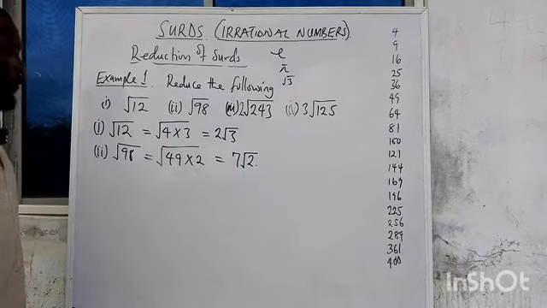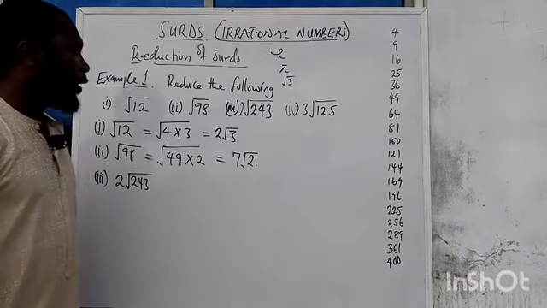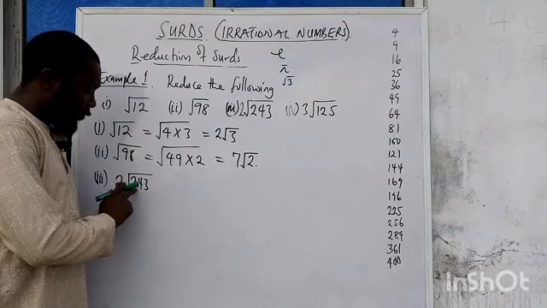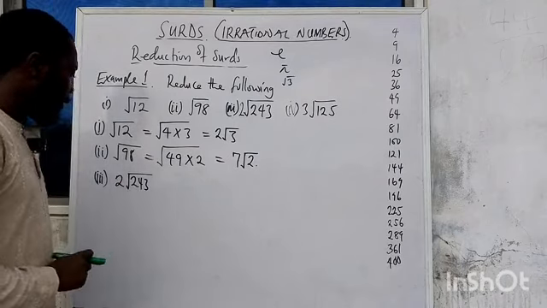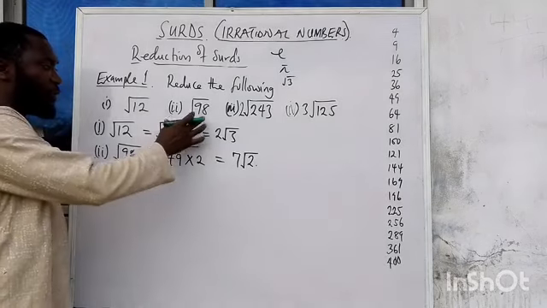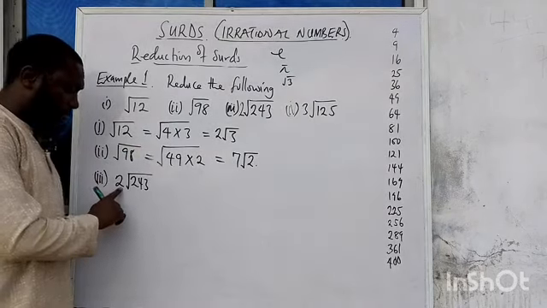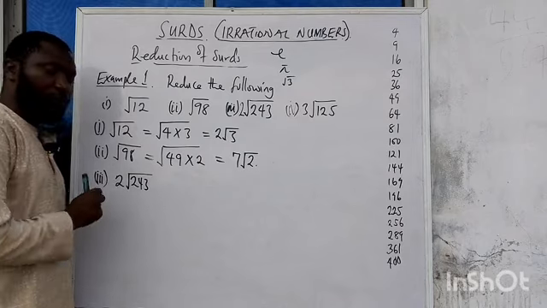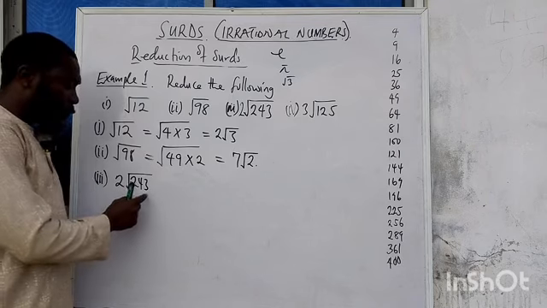The next one. Now, the next example, we have 2 square root of 243. The difference between this example and the previous examples is that we have a value outside the root, which is the coefficient of this root. Now, we want to reduce this again.